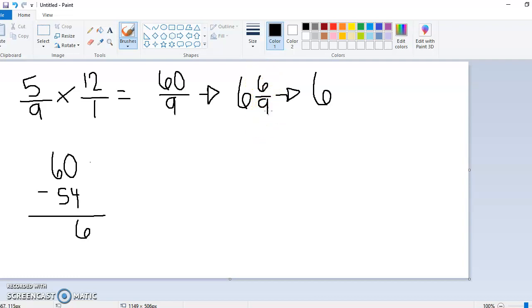I know that both of these numbers can be divided by 3. So 6 divided by 3 is 2. And 9 divided by 3 is 3. So my product here of multiplying 5/9 times 12 would result in 6 2/3.